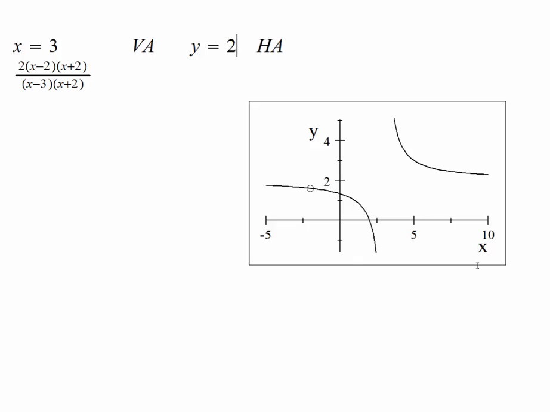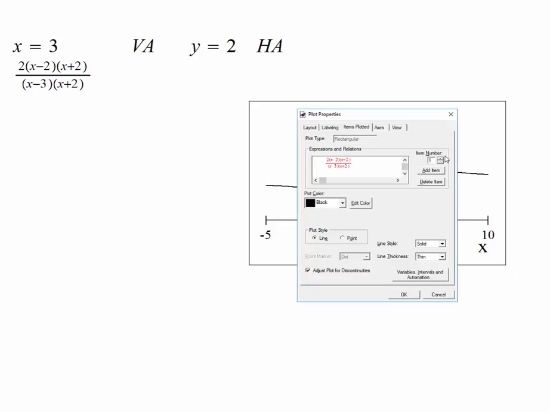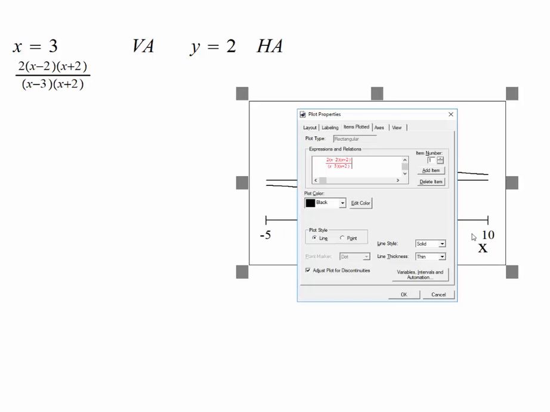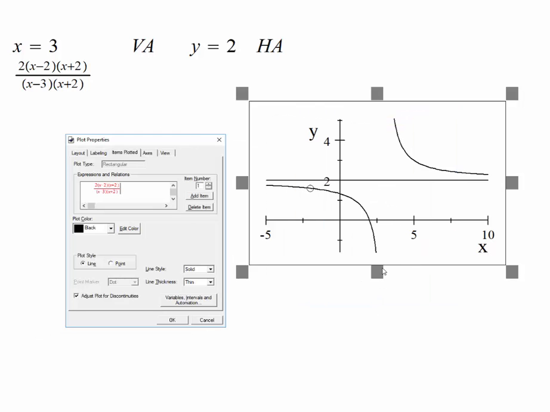So y equals 2 is a horizontal asymptote, and we can also see the vertical asymptote in a sketch. I'm just using this particular package to do that, so I'll write that in a language that it understands. Okay, sorry.